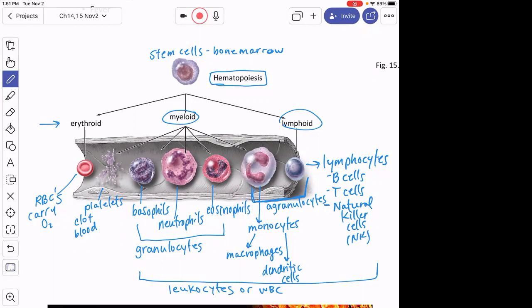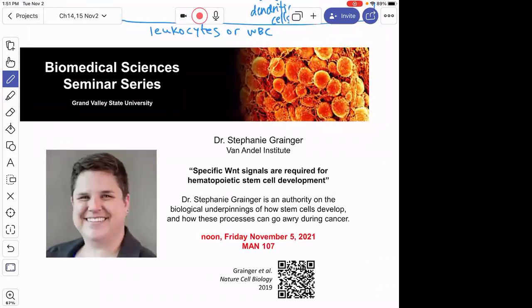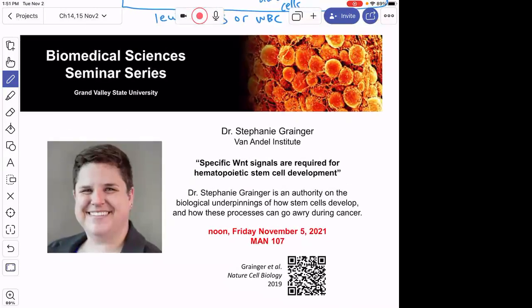And before we do that, when I was going through my lecture notes yesterday and thinking about hematopoiesis, I got an email advertising this week's seminar. We've had one other seminar this year and no others in the last couple of years, so it's kind of exciting. We're getting back to our seminar series.